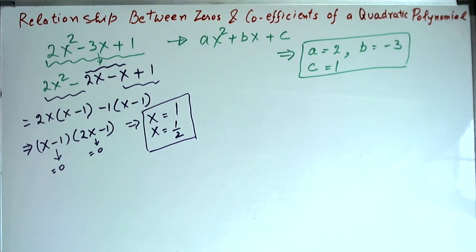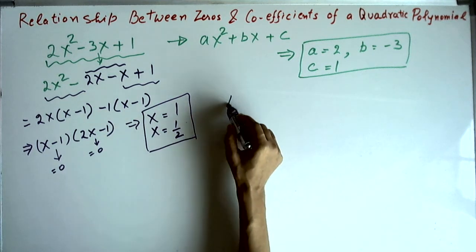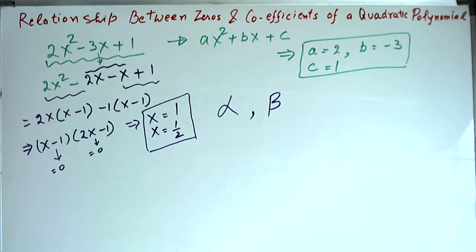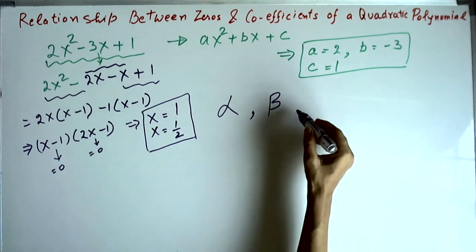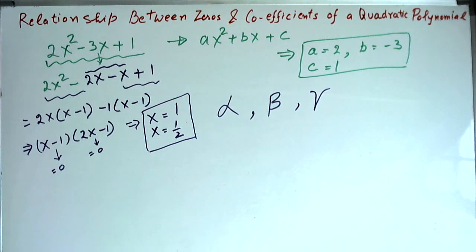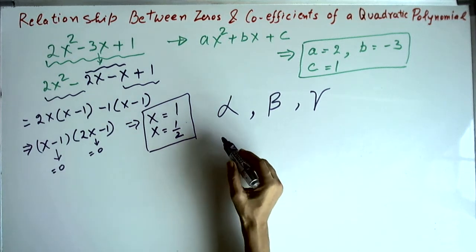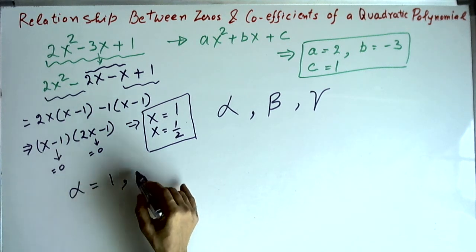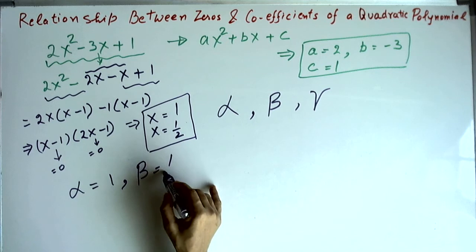So we get two zeros, and these two zeros are denoted by the Greek letters alpha and beta. Alpha and beta are the ABC of the Greek alphabet, and the third letter of course is gamma, which we will learn later when we handle the cubic polynomial. So right now the first zero, alpha, is equal to 1 and the other, beta, is equal to 1/2.